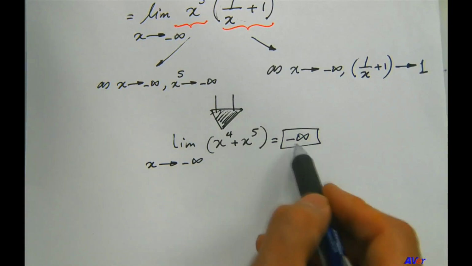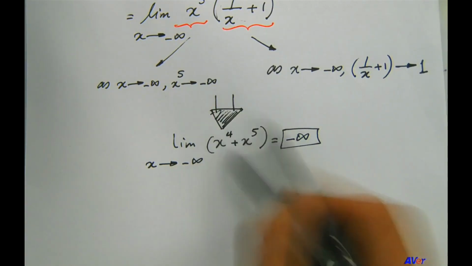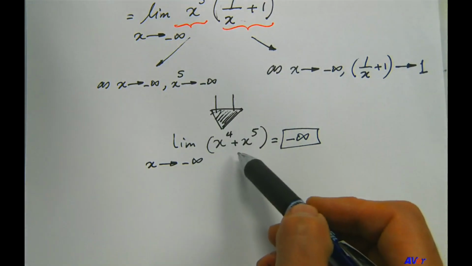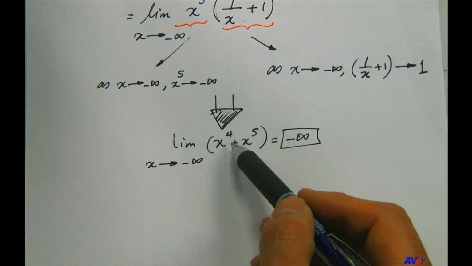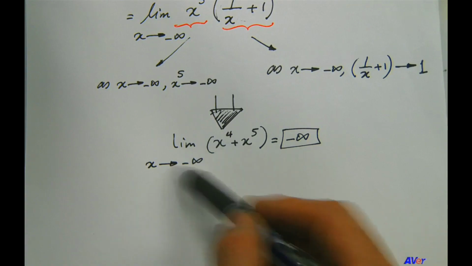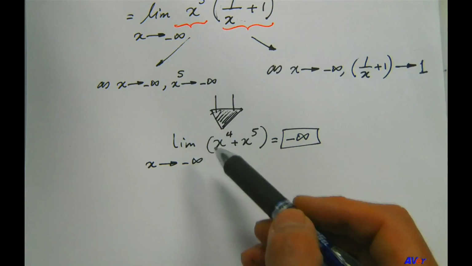So this is not a limit in the strict sense, but the value of this function gets smaller and smaller, becoming more and more negative numbers as x approaches negative infinity.